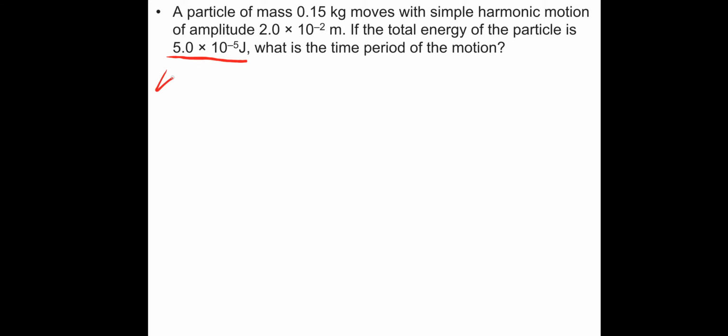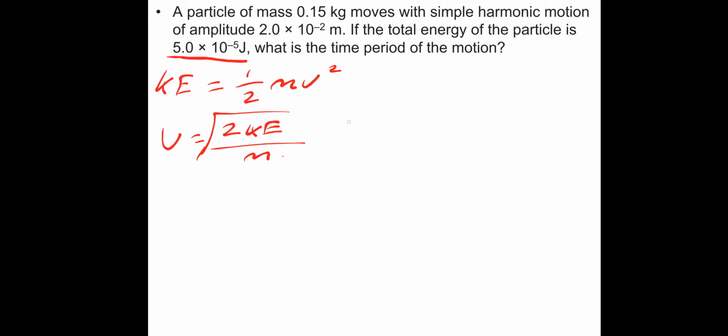So kinetic energy is a half mv squared. So if we times by 2 divided by m and square root, we get Vmax if we use the maximum kinetic energy. So V is equal to the square root of 2 times the energy divided by the mass.